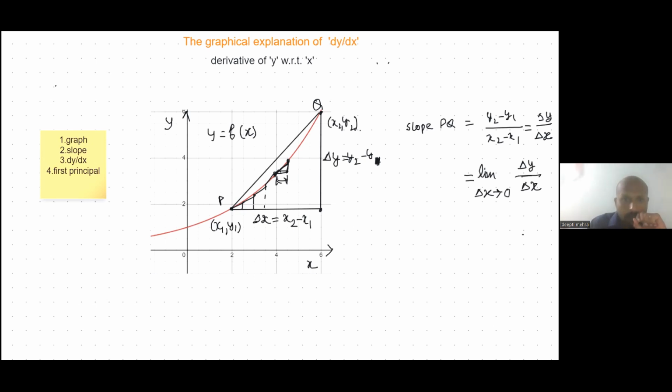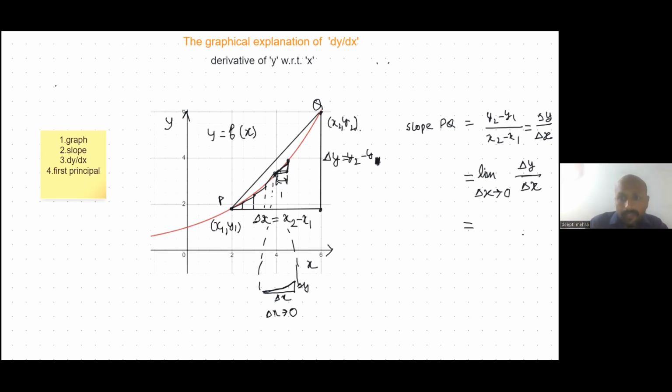I would like to show you that by zooming in on that point. After zooming, this point will look like this. This is the change delta y, and this is the change delta x, where delta x is approaching 0.